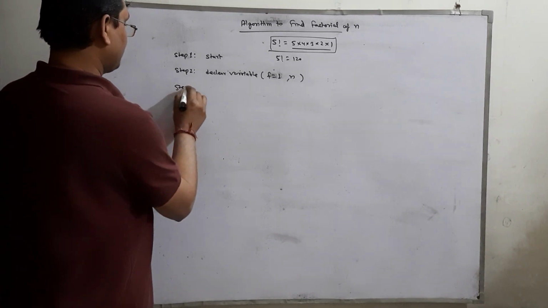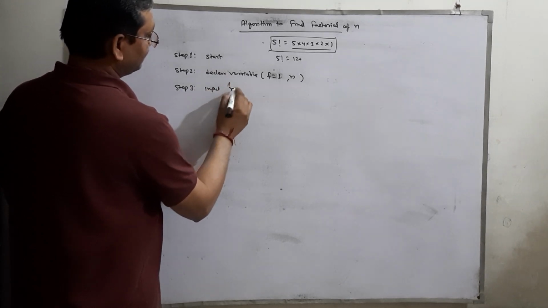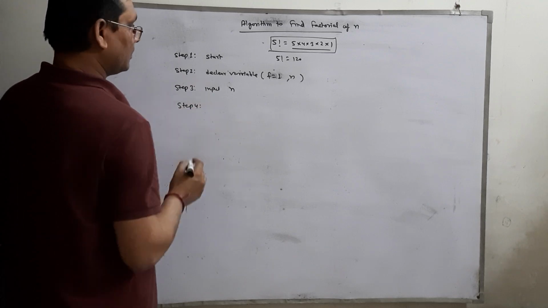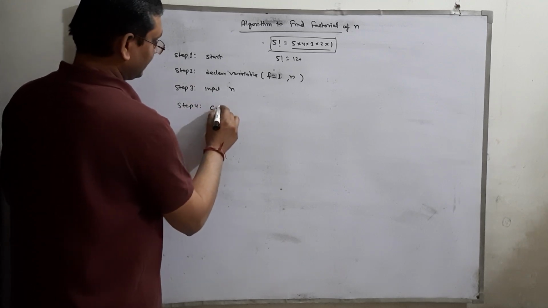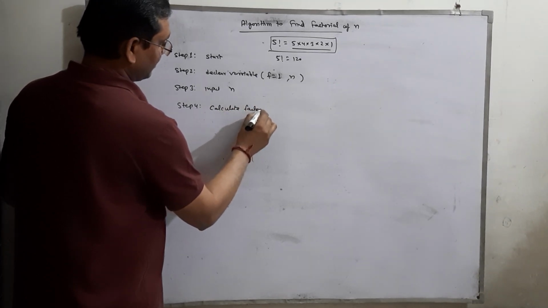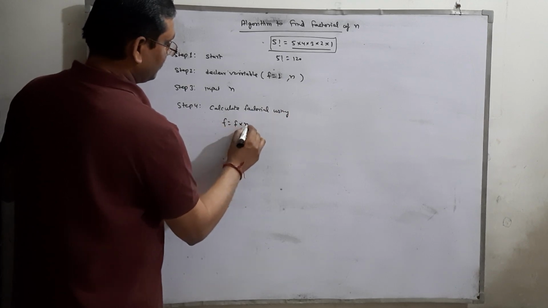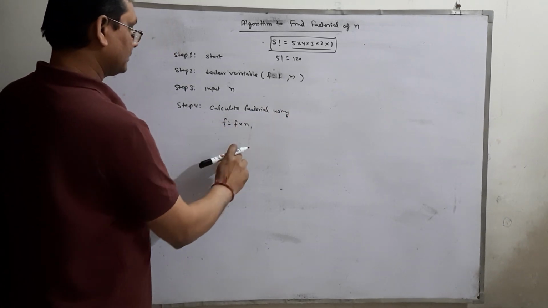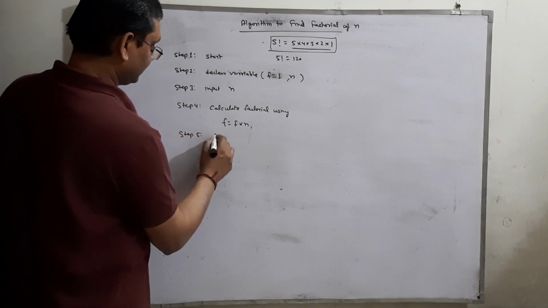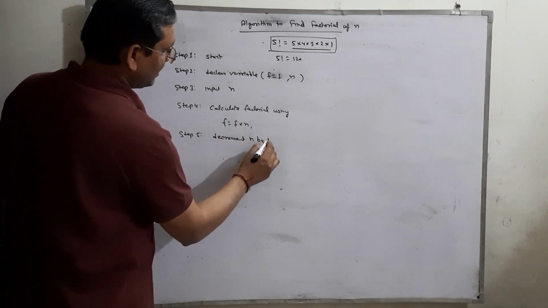Step 3, input n. Step 4, find factorial using f is equal to f into n. Step 5, decrement n by 1.